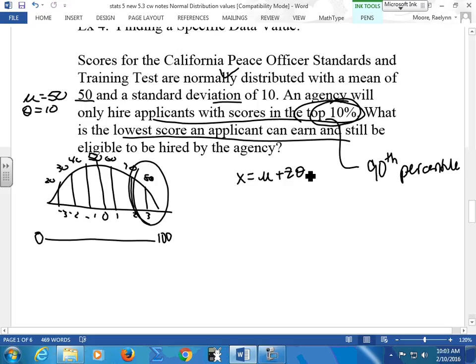Now I have the mean, I have the standard deviation, but I don't have a z-score associated with that top 10%. So how do I find the z-score that's associated with the top 10%? There's a number of ways to do it.